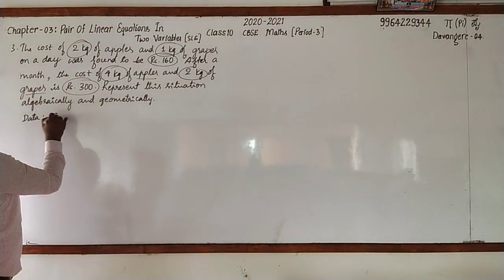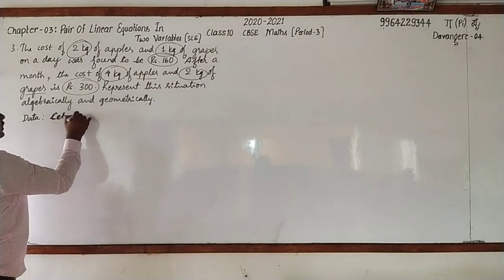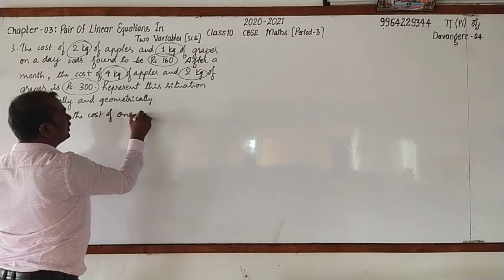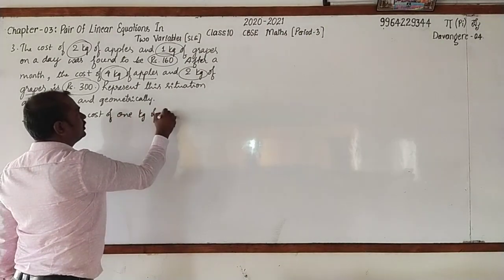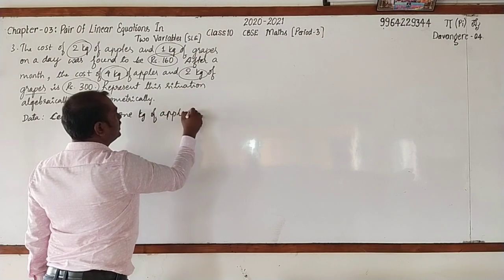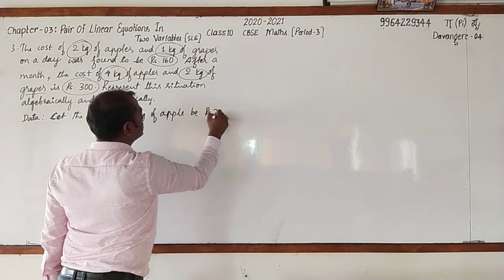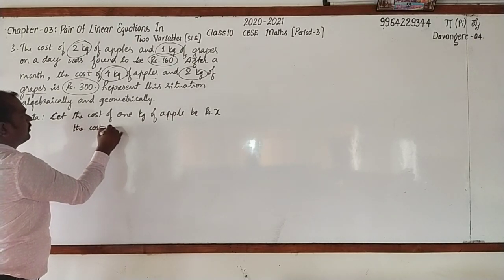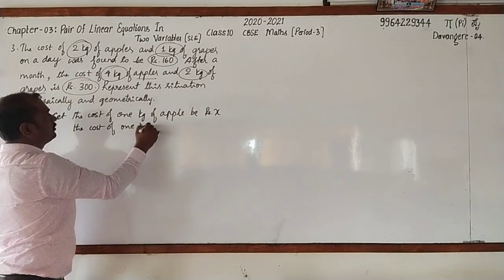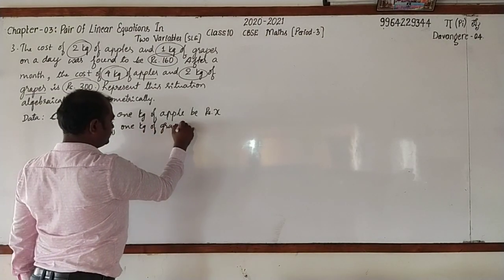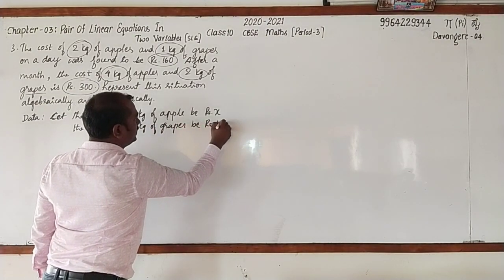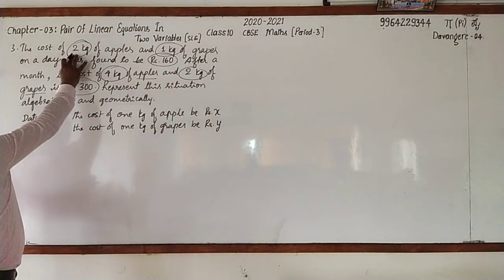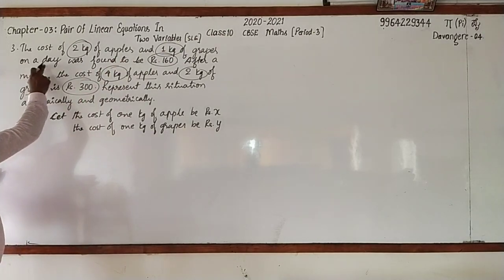Let the cost of 1 kg of apple be rupees x, and the cost of 1 kg of grapes, call this rupees y. Clear now? Okay.